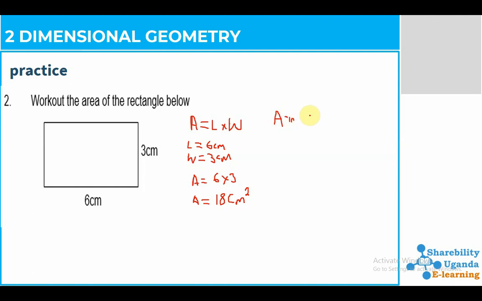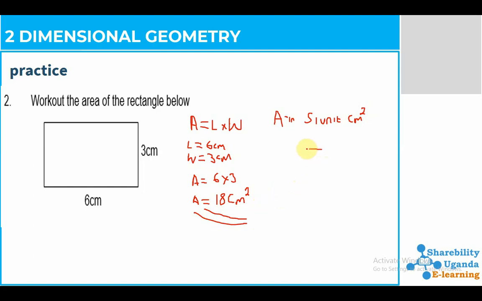But the SI unit is centimeters cubed. That's why here I put that. So simply this is how we can find the area of a rectangle.